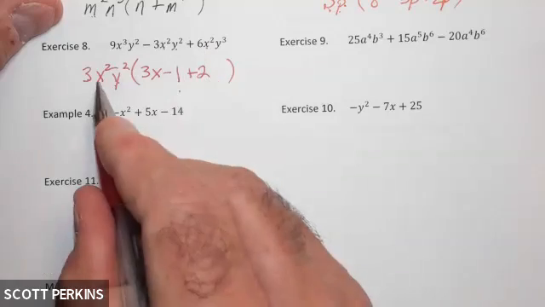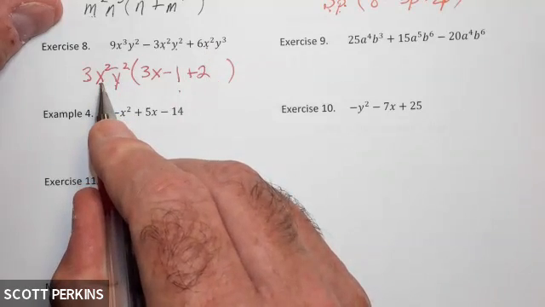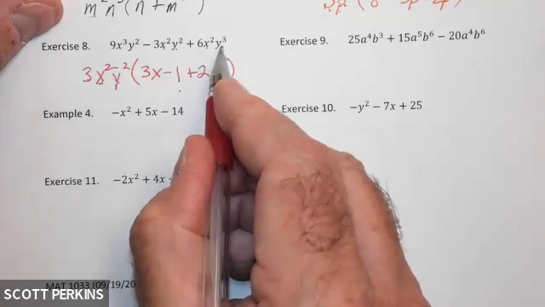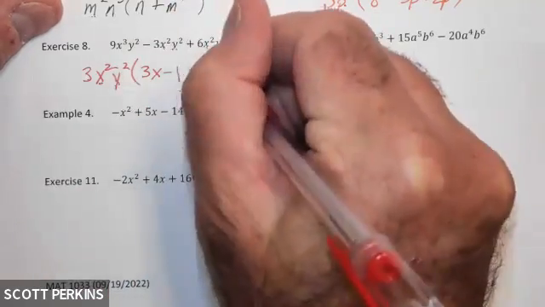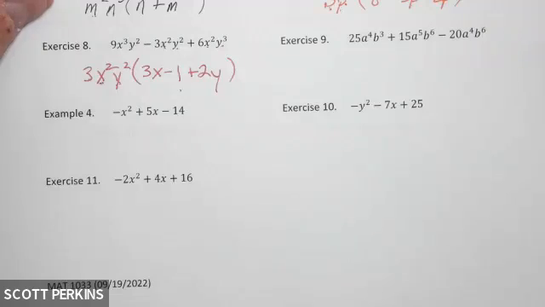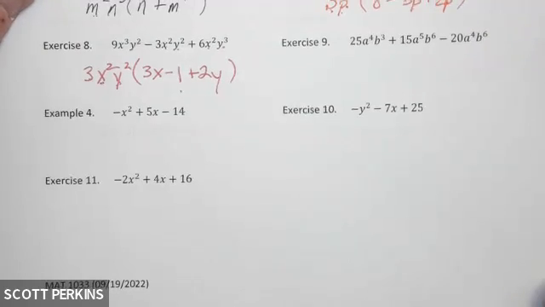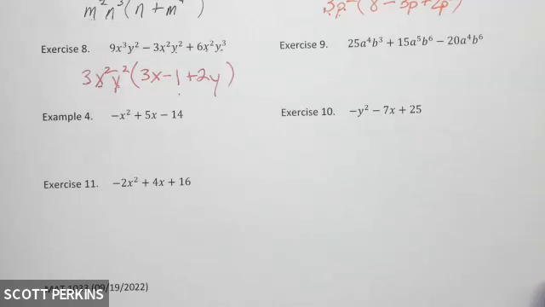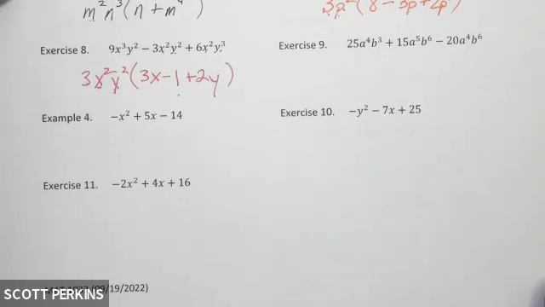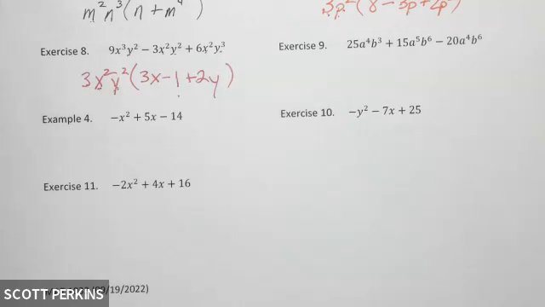Started with 2 x's, factored out 2 x's, no more x's. Started out with 3 y's, factored out 2 y's, so I'm left with 1. We've got one more problem like this, and then we're going to start moving in a different direction. So exercise 9, factor out the common factor, please, the greatest common factor.